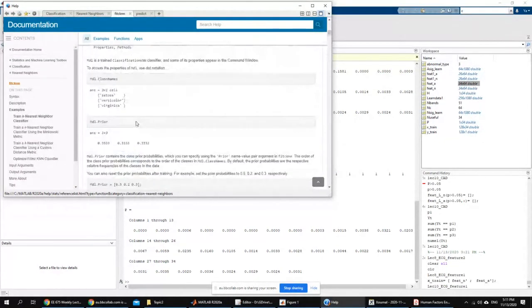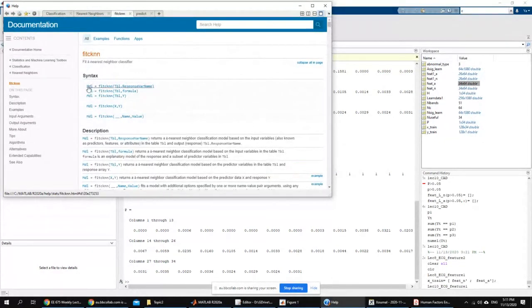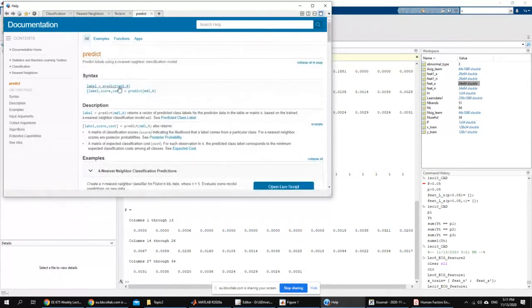I don't see it here, but the thing is, you have a model that comes out of this function. The predict function takes this model and your x for the testing data, the observations for the testing data, and gives you the estimated labels for the testing data. So using two steps, you can do k nearest neighbor classification. Very simple. Just fitcknn, create the model, and then predict.